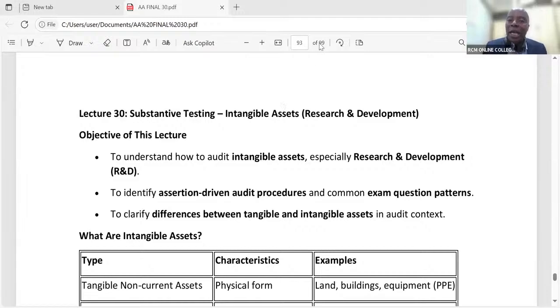It's an asset. It's able to create cash flows for you. It's able to improve your business performance very well, but you can't see it. A good example is what we call goodwill. Or research and development costs.